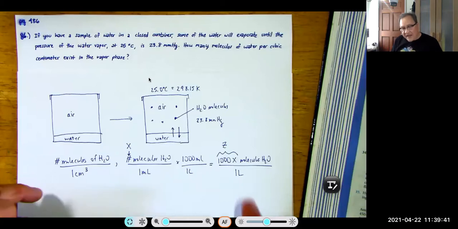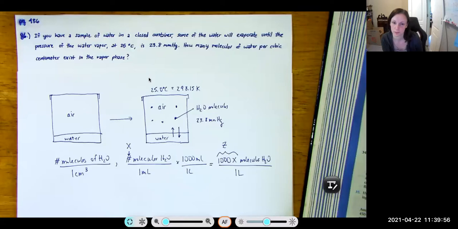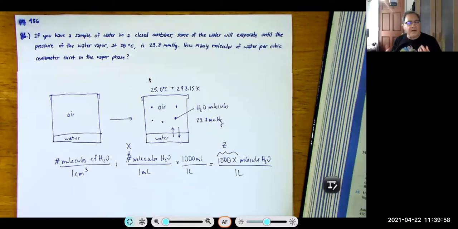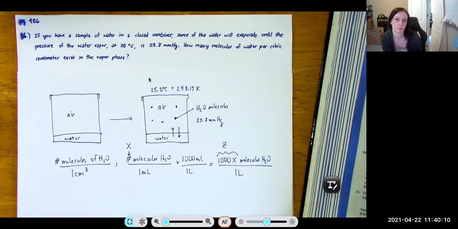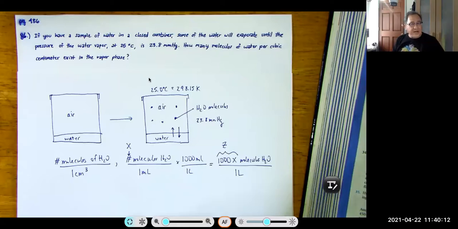But we don't have an idea of how to calculate the molecules per liter, do we? No. But think about molecules per liter. What does that remind you of as far as a physical property? Something per liter. Molarity. Yes, but this is not a solution, so we don't want to do that.